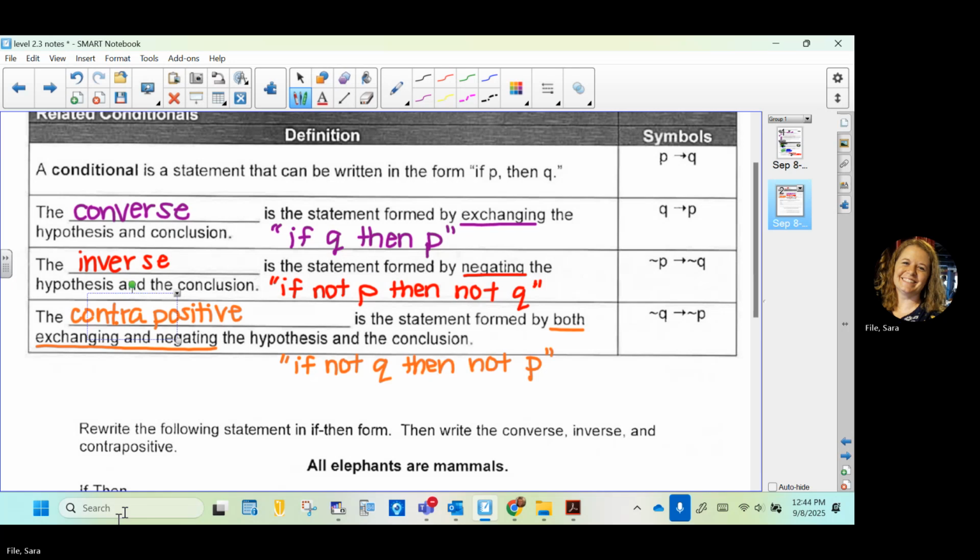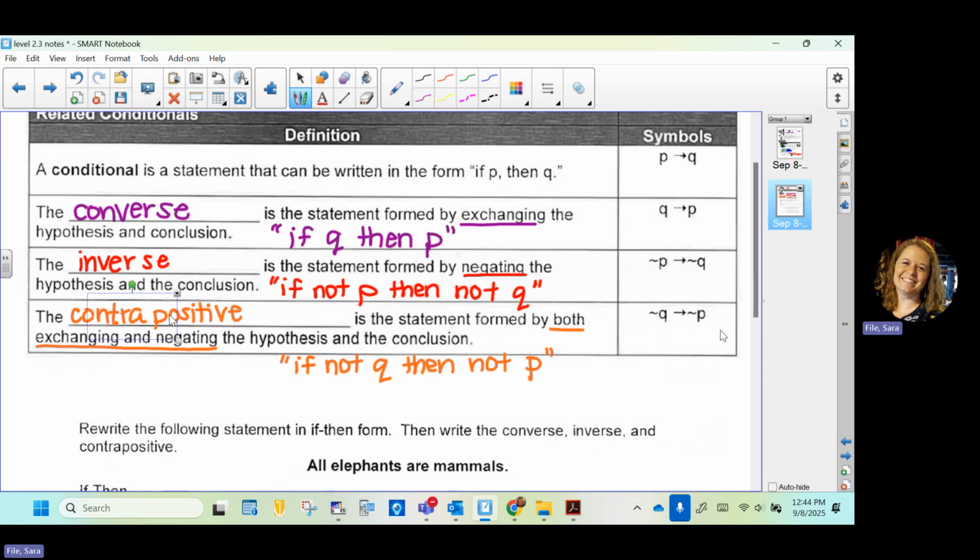And again, I know sometimes, especially when we're first learning this, it can get confusing. So make sure you understand the symbols. If you start with your conditional statement, if P, then Q, switching the order is converse, negating is inverse, doing both is the contrapositive.